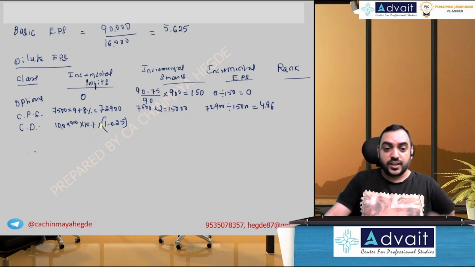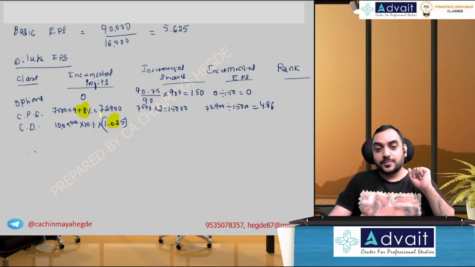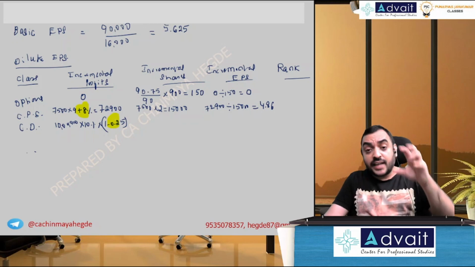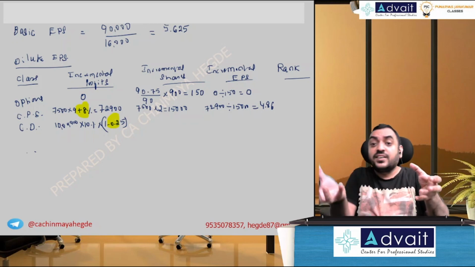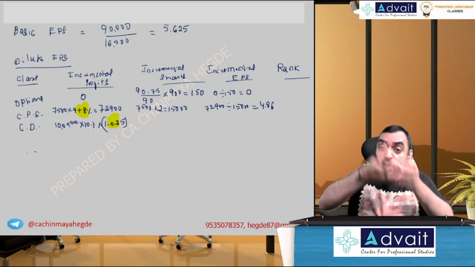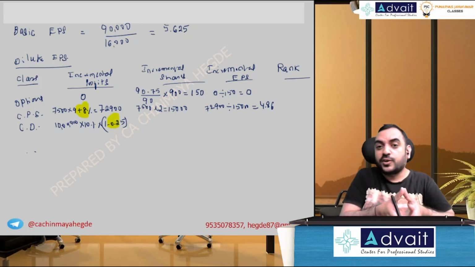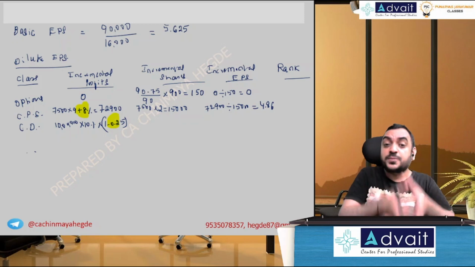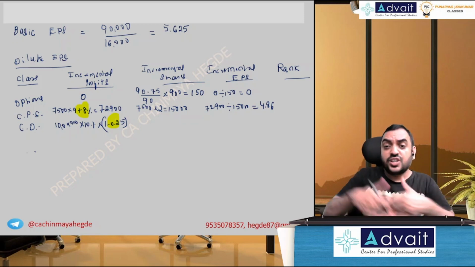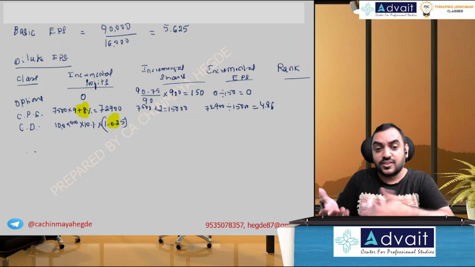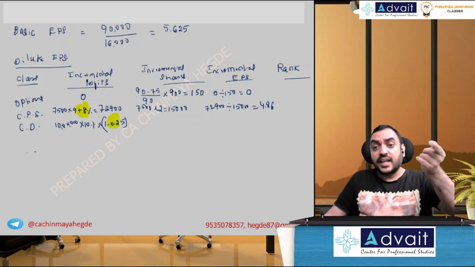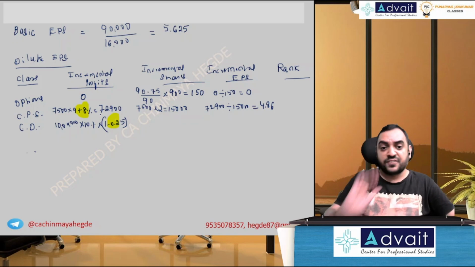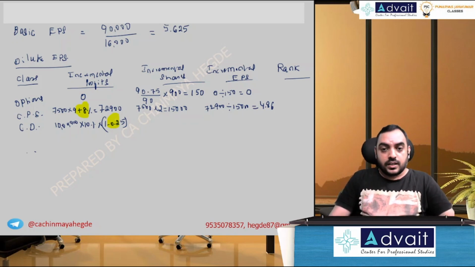Please observe this carefully. For preference shares, we are adding the tax rate; for debentures, we are subtracting the tax rate. Why? Because when you don't have dividend, dividend tax will also not be paid, so you save dividend and dividend tax. But for debentures, it's not like that. Interest is an expense, so when you save expense, profit increases and you have to pay tax. So on one hand I'm adding tax, on the other hand I'm subtracting tax. Please observe that difference carefully. 10 lakhs into 10% after tax is 75,000.